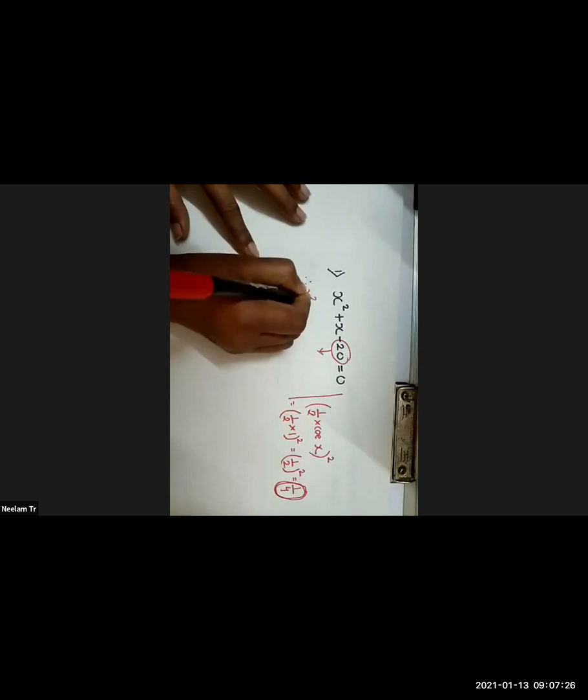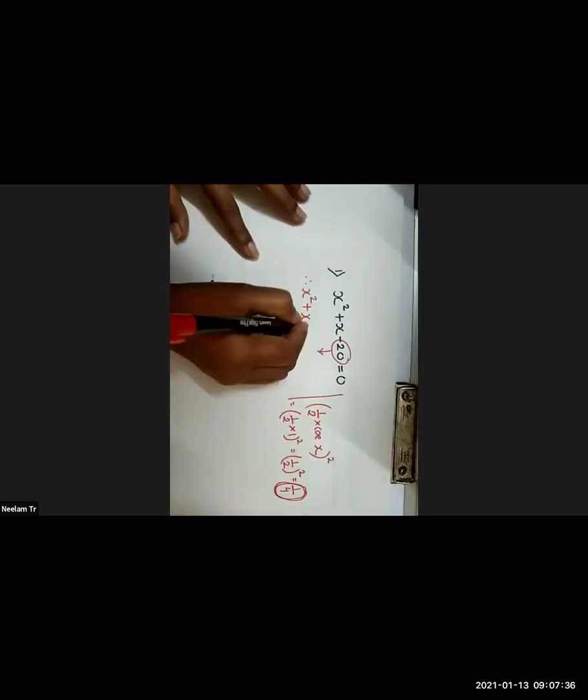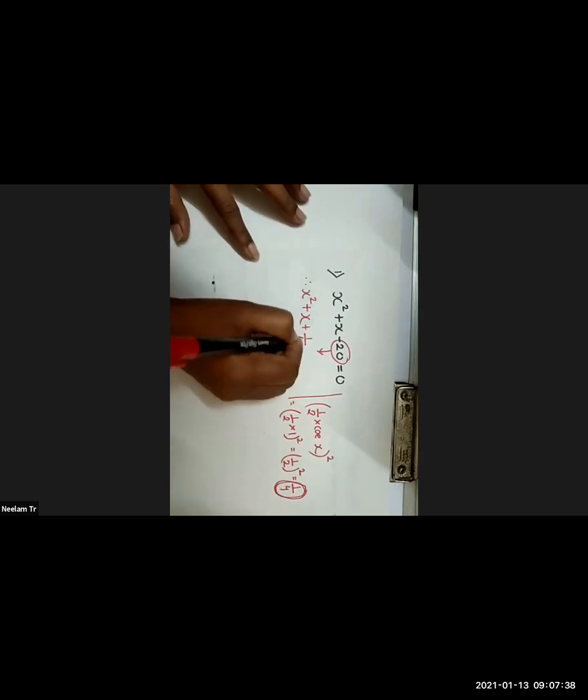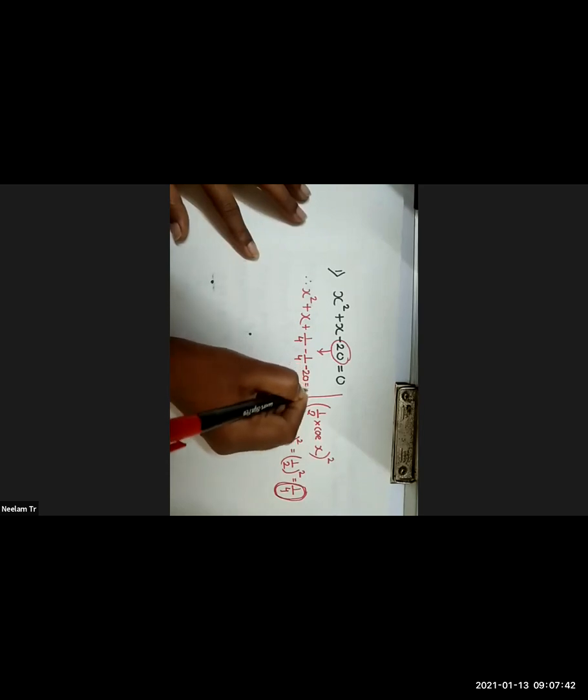How will I do it? x square plus x, now this term, I am going to add 1 by 4 minus 1 by 4 minus 20 is equal to 0.